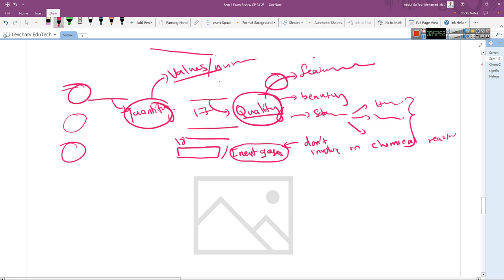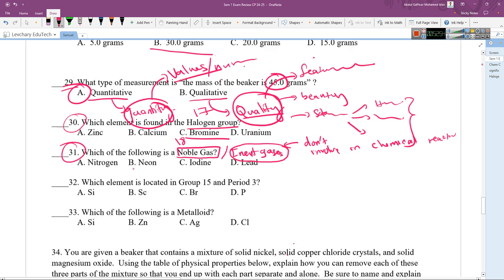Yes. So it's not nitrogen. So what's the answer? It's neon, Ne, right? Iodine is a halogen, right?